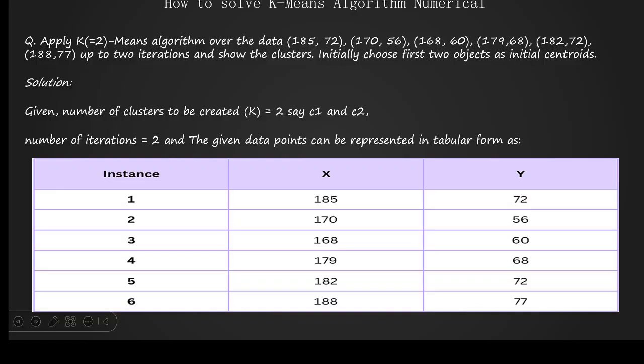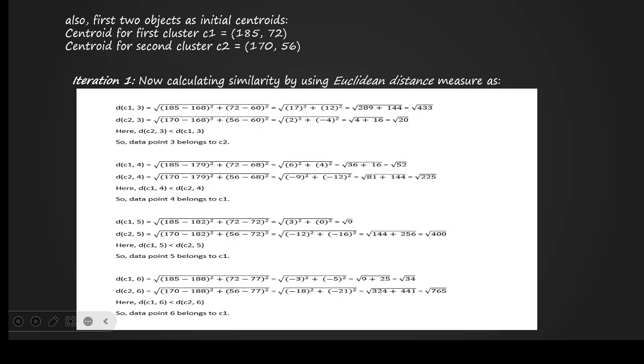It is said to choose the first two objects as the initial centroids. So we will select two centroids, and for each data point compute distance 1 and distance 2.